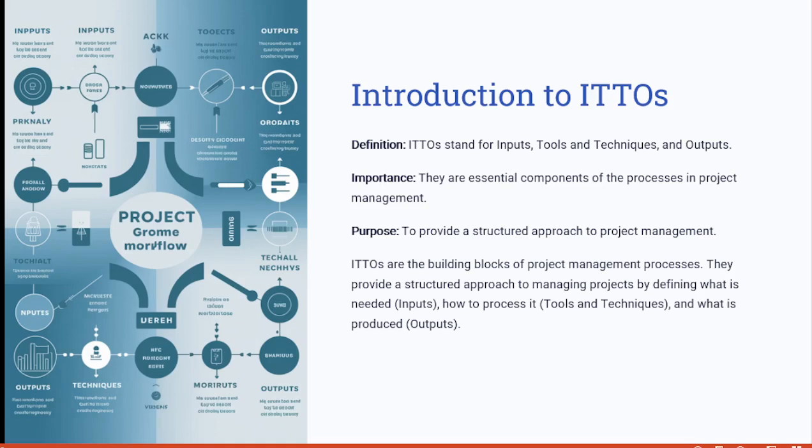These are the building blocks of project management processes, and they provide a structured approach to manage projects by defining what is needed as the inputs, how to process it as the tools and techniques, and what is produced by the end of each of these processes, which is the outputs.